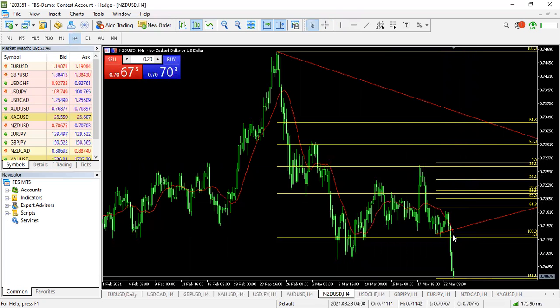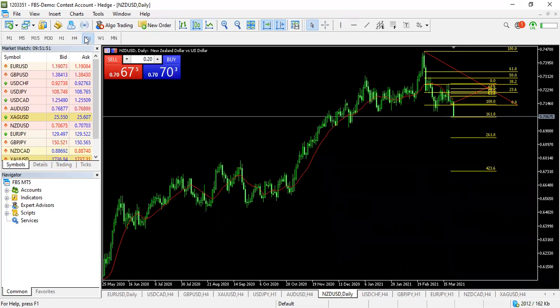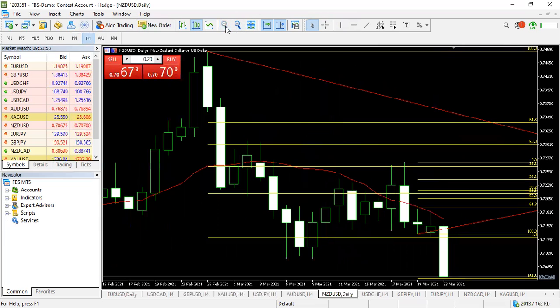So when you go to the daily time frame, we can see that yesterday we had a clear bullish candle for a change of direction.